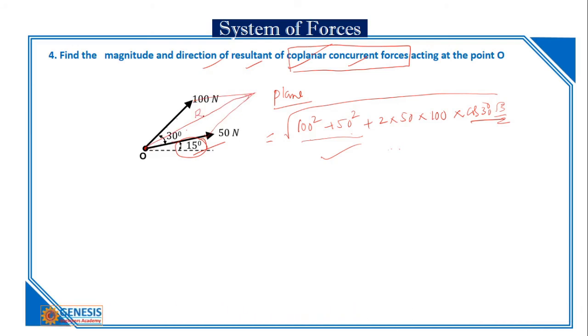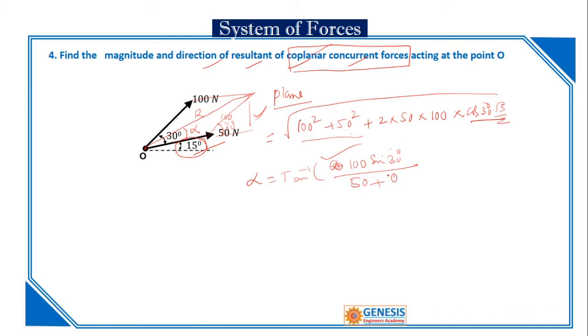This is the force we are taking as Q, and this is the force P. Then alpha is equal to tan inverse of Q sine 30 divided by P, that is 50, plus Q cos 30. You are using sine 30 in the numerator, so in the denominator you have to use cos 30. From these values you can find the direction of the resultant.